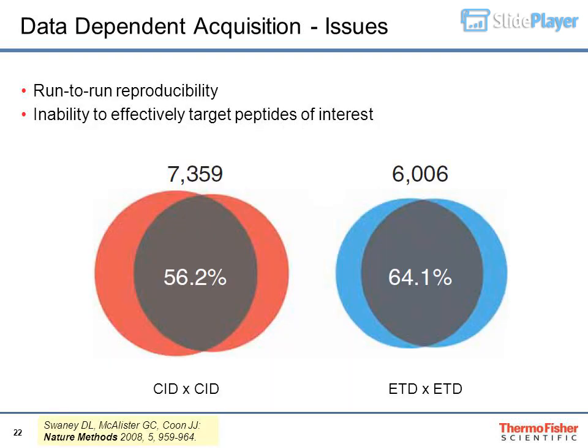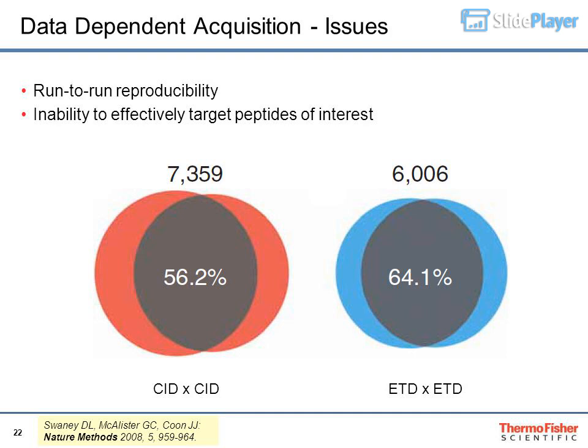10.1074/MCP.0111.013698-1. Data-dependent acquisition, issues. Run-to-run reproducibility. Inability to effectively target peptides of interest. The DDA sampling strategy offers an elegant simplicity and has proven highly useful for discovery-driven proteomics.